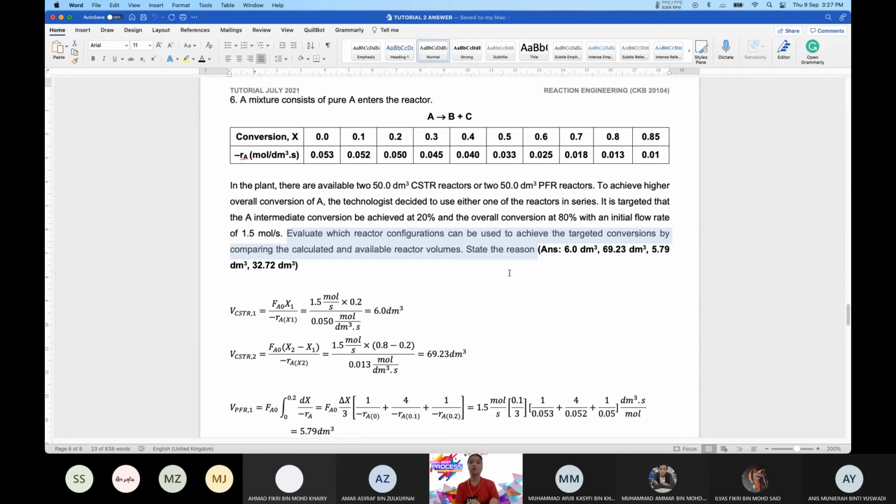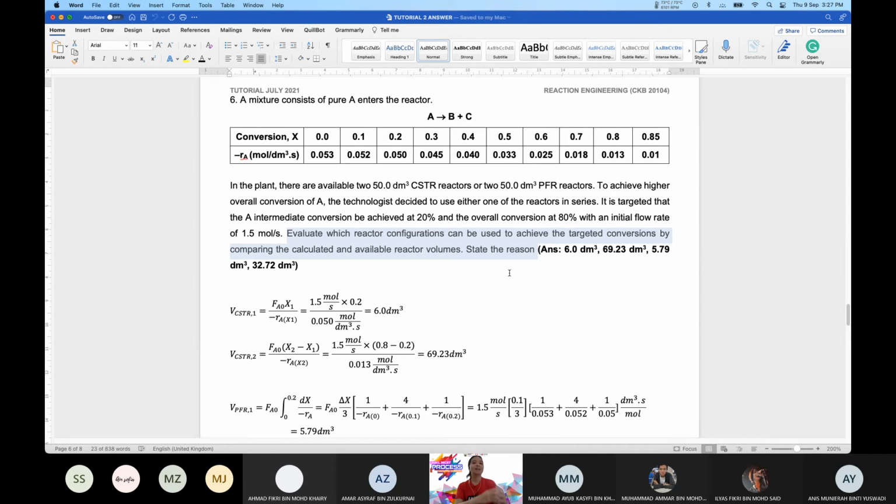When you calculate your reactor volume, what you calculate is the minimum volume required for that reaction. So the volume that you calculate must be equal to or smaller than the available reactor, or the other way around, the reactor in the plant must be at least equal to or bigger than the calculated volume.